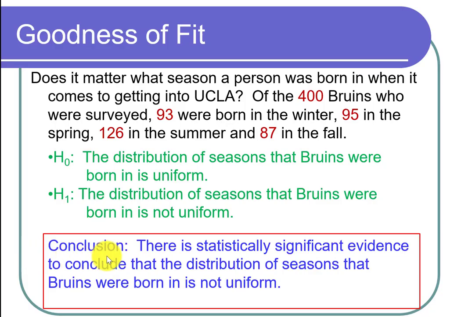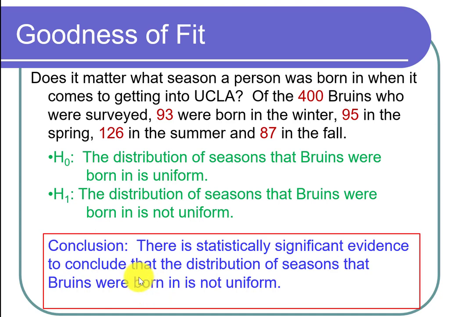We can conclude there is statistically significant evidence to conclude that the distribution of seasons that Bruins were born in is not uniform. Basically, you just restate H1 after saying there is statistically significant evidence to conclude that. You just write down H1. And that's it. There's our conclusion for this goodness of fit test.